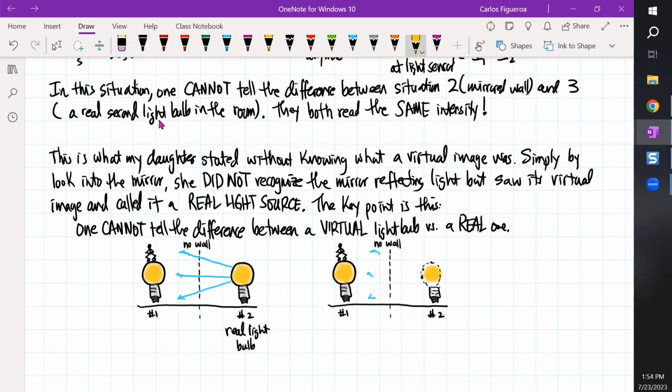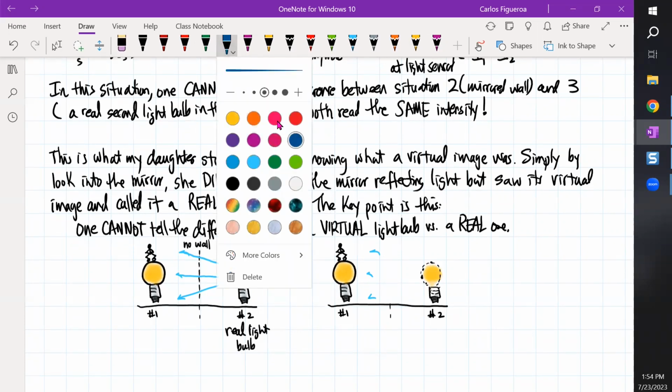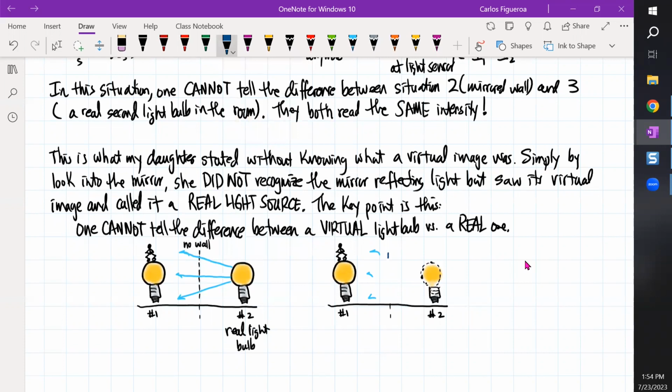This is a virtual light bulb because now I have a mirror at this spot.